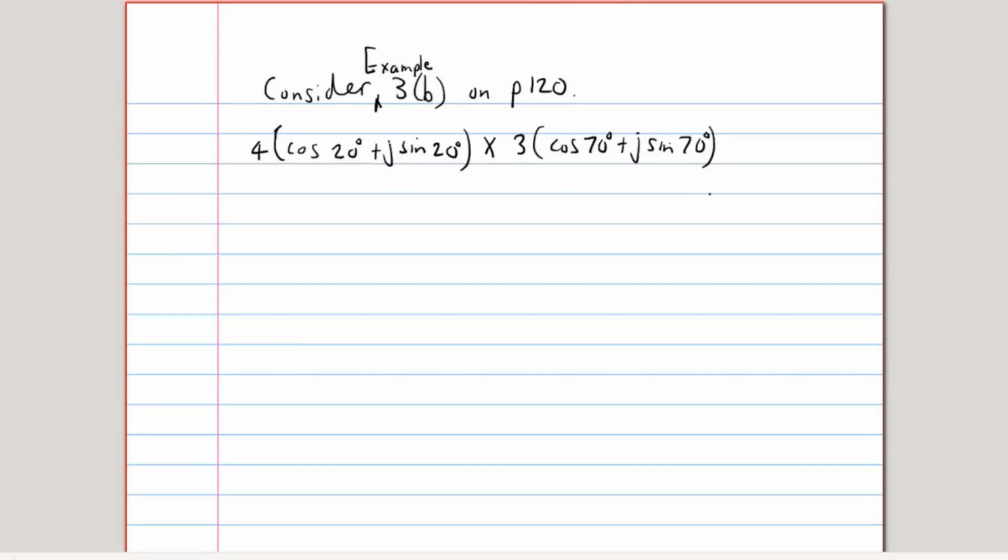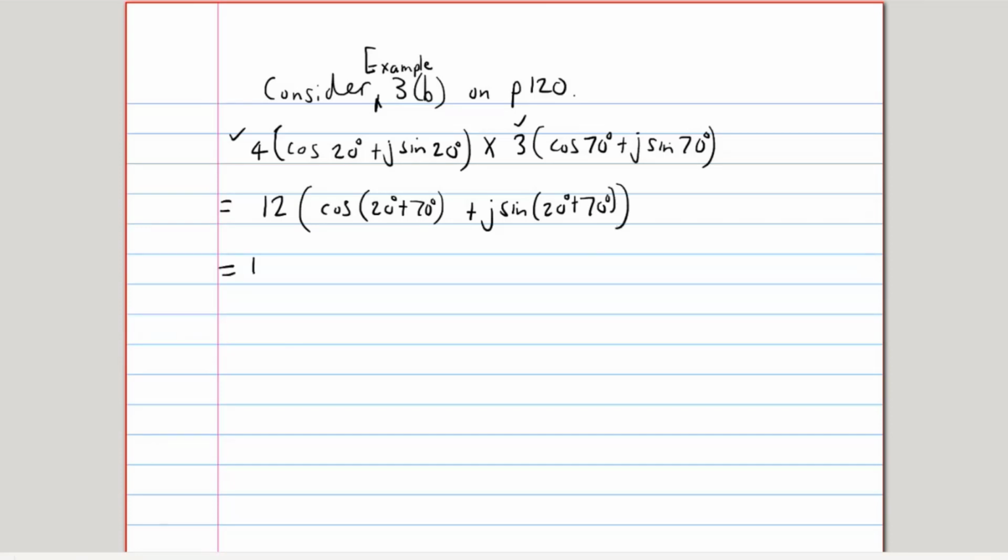Now we just multiply the moduli: r1 r2 is 12. Then we add the angles: cos of 20 degrees plus 70 degrees plus j sine of 20 degrees plus 70 degrees. It doesn't matter, it's commutative.